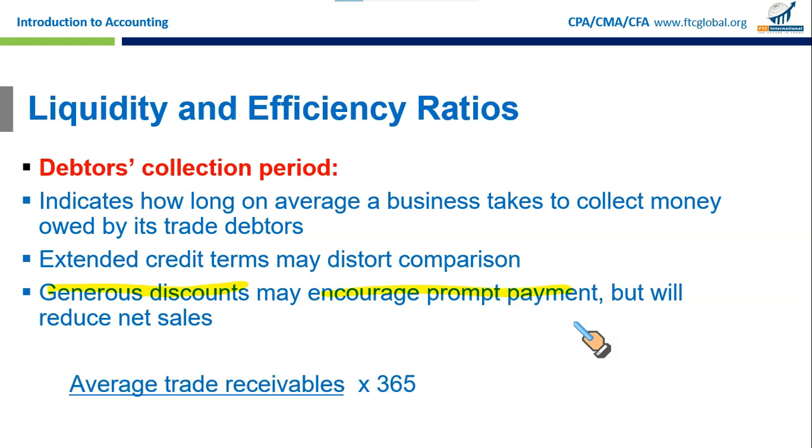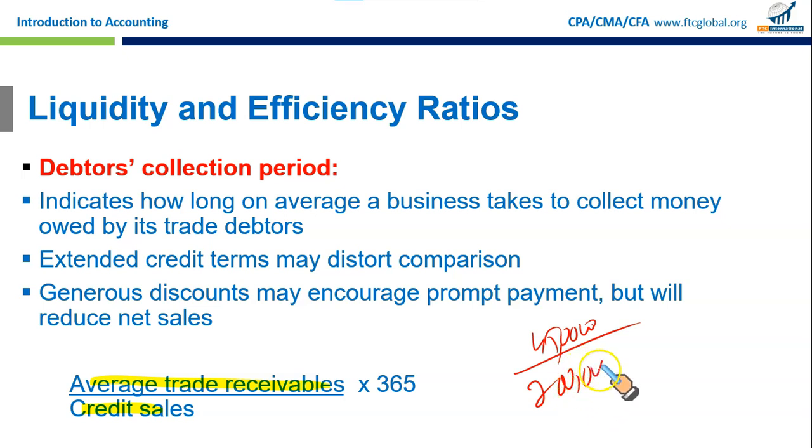How do you calculate this? This is how it's calculated: average trade receivables upon credit sales times 365. Again, credit sales is an income statement item, trade receivables is a balance sheet item, and a balance sheet item must be averaged. So let's take some imaginary numbers. Let's say your average trade receivables is $45,000 and your credit sales is about $200,000.